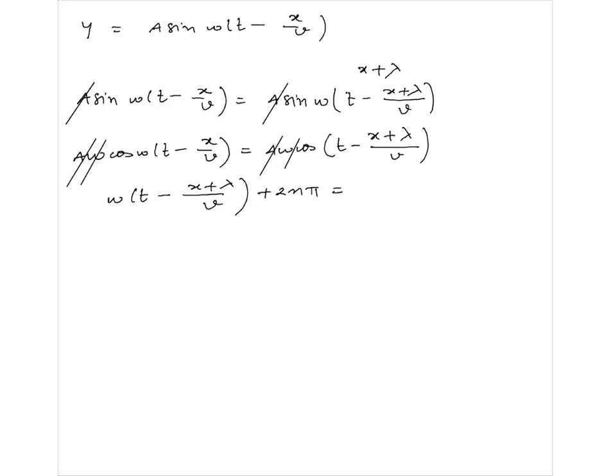Oh, what I mean to say is, when does it happen that this is also true and this is also true? I'm not asking sine alpha equal to cos alpha, but these two both are true. When does it happen? And the answer is when this condition is fulfilled.